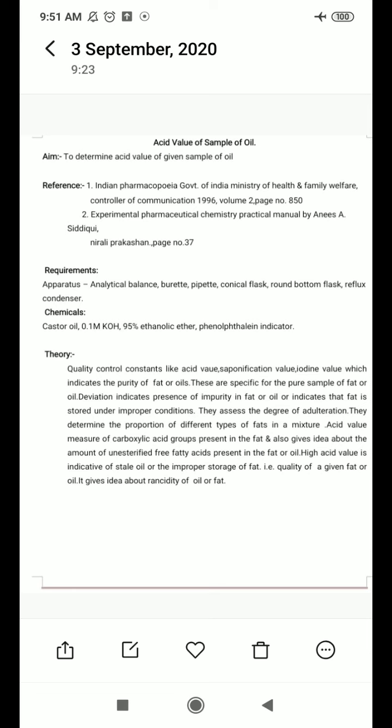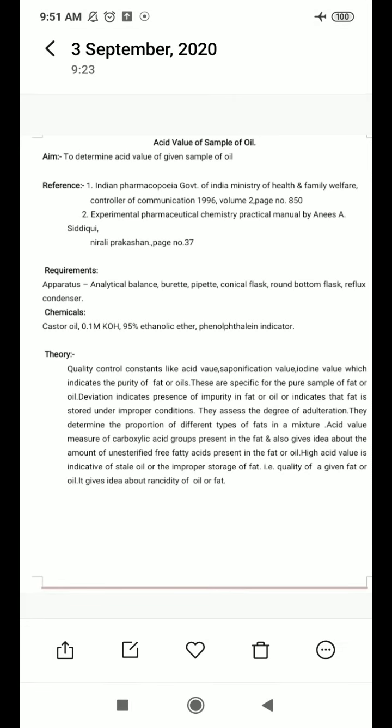Third question: what is the standard acid value for castor oil? You have to complete these 3 questions as answers for this experiment.